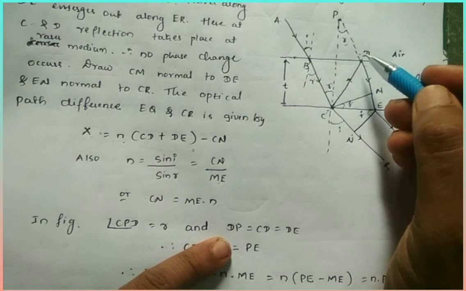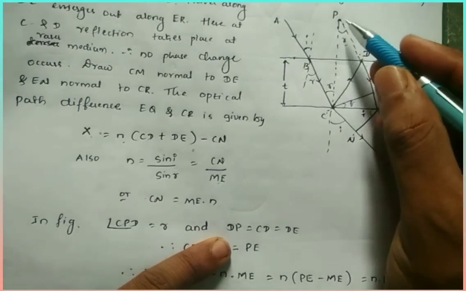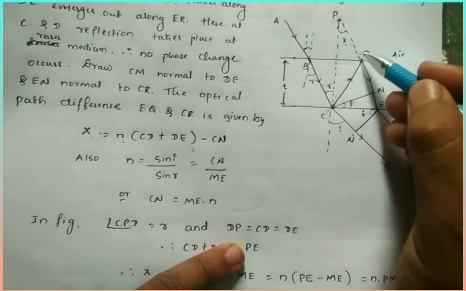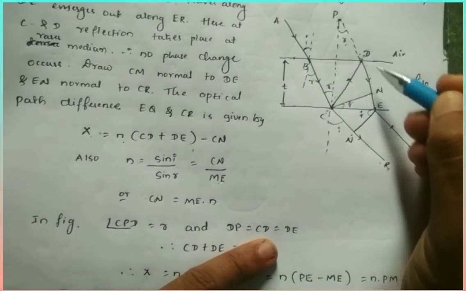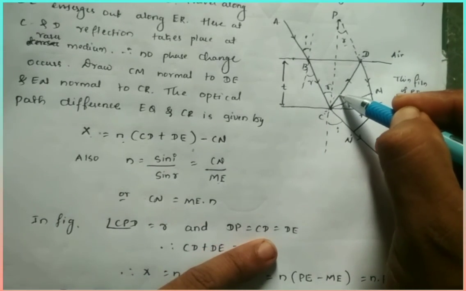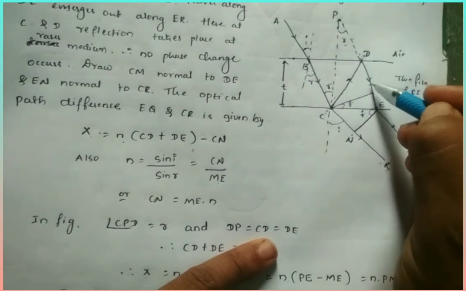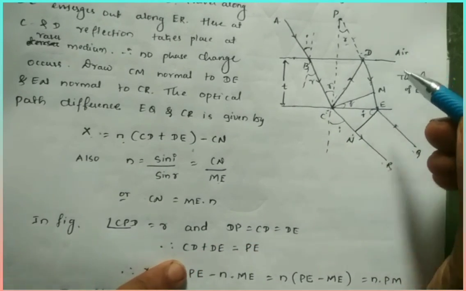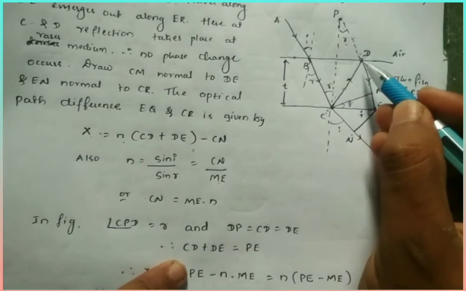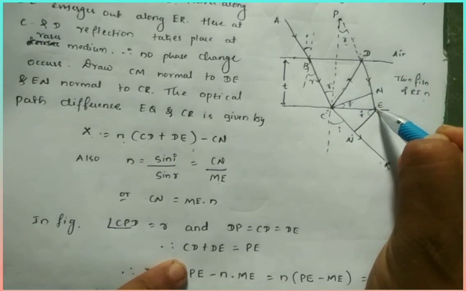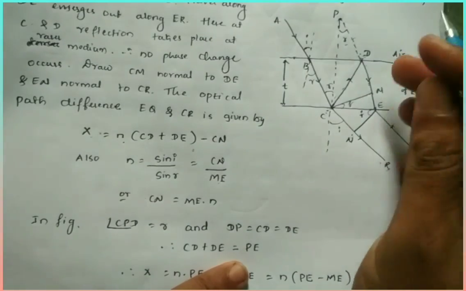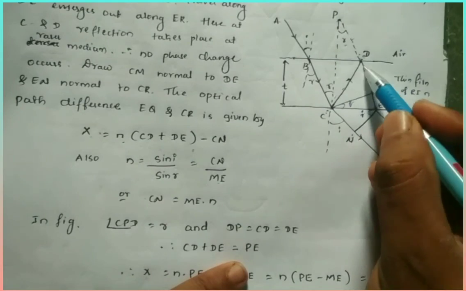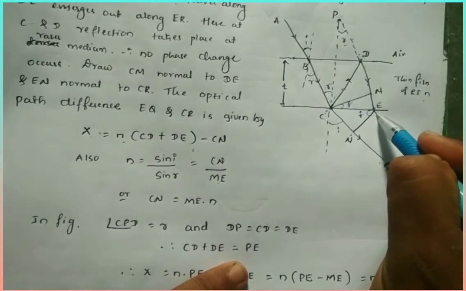Here DP, CD and DE, all these rays are equal. So CD plus DE is equal to PE.